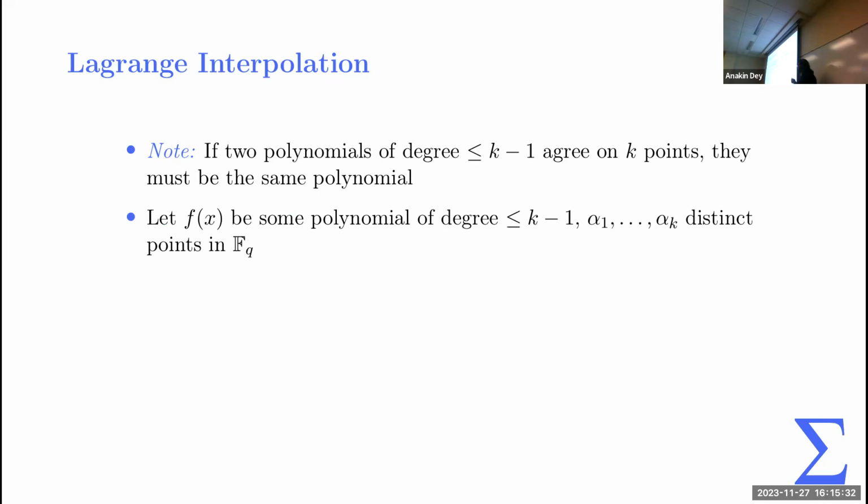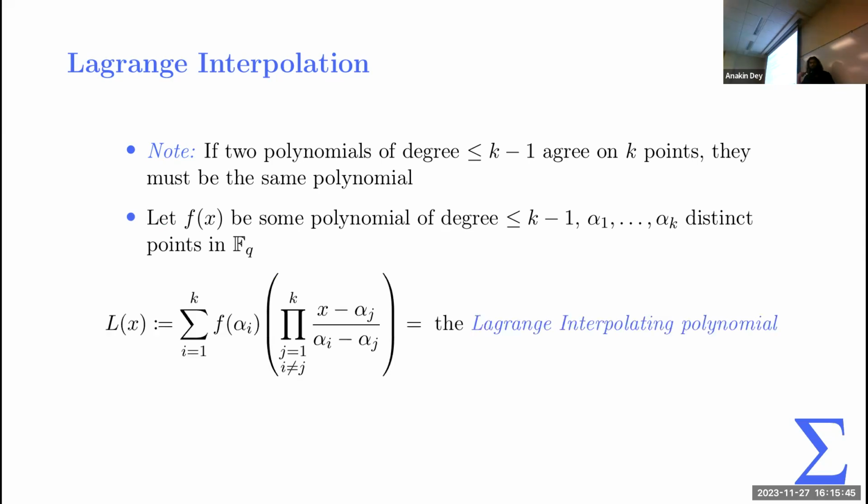And then if we have some polynomial f of degree less than or equal to k-1, and we have alpha 1 through alpha k distinct points, then this polynomial, which I will explain later, we're going to build up to it, is the Lagrange interpolating polynomial. Lagrange was a great mathematician in algebra and a bunch of other fields, and that's what the polynomial was named after.